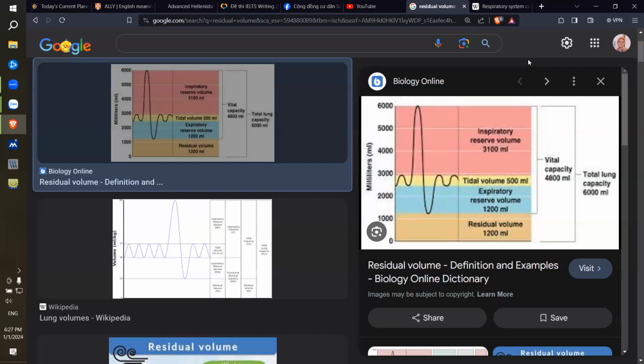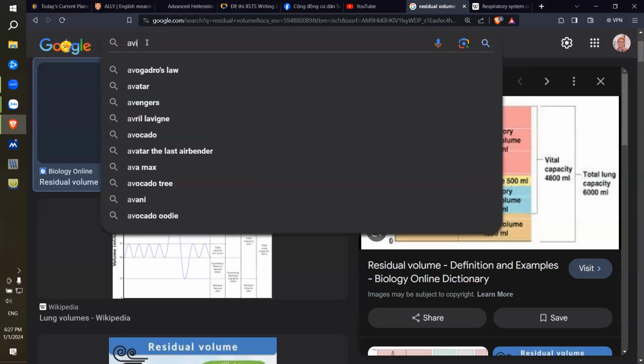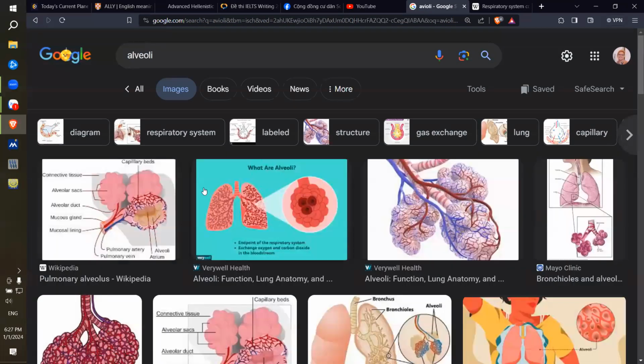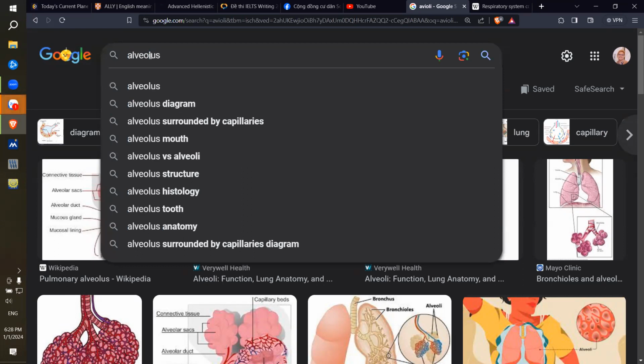Oh, I thought it was the plural form. That's alveoli, plural. The alveolus is the singular form.